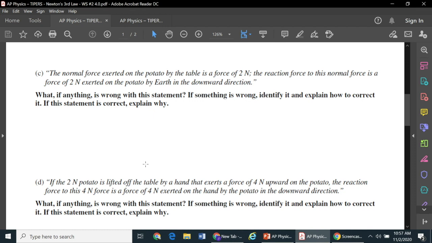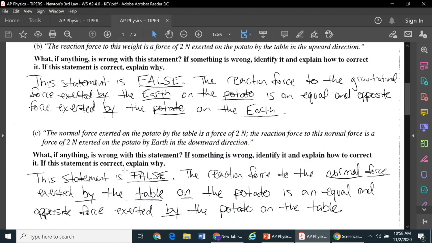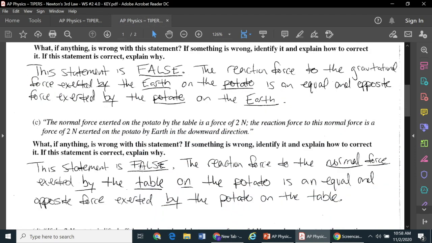So if the normal force is by the table on the potato, then it shouldn't be that hard to figure out what the reaction is. This statement is false. The reaction force to the normal force exerted by the table on the potato is an equal and opposite force exerted by the potato on the table. And that is in the downward direction.